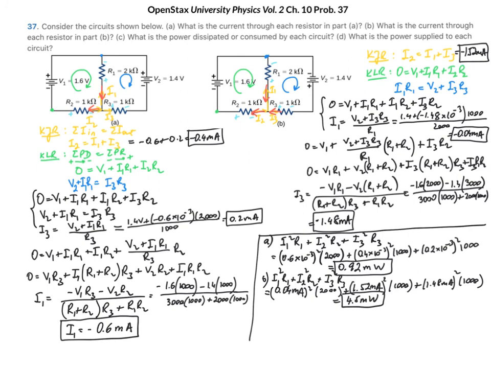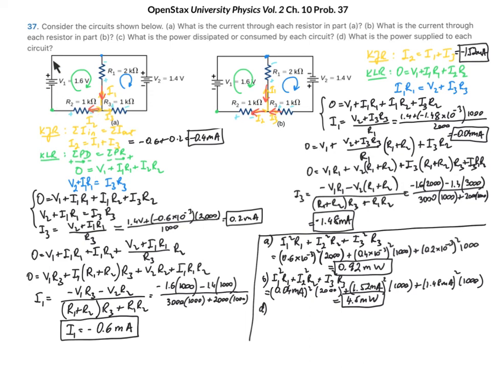Now in part D, we want to know how much power was supplied to each circuit. So that would be the voltage times the current produced by this power supply plus voltage times current produced by this power supply. That's for the first circuit. And we do the same thing for the second circuit. And we notice that had we only had one power supply here in the circuit, it would have produced a current going this way.